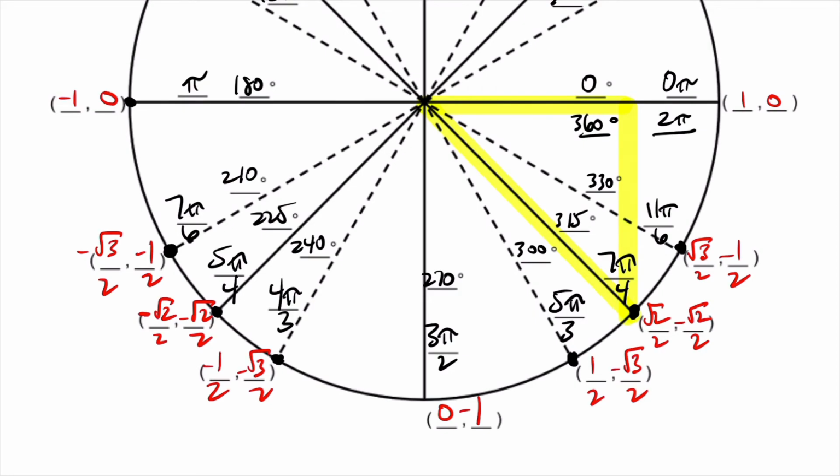We know one of them is 90. What are the other 2 degrees besides 90? What is in the top by the origin and the bottom? 45. There are 45. Yeah, it's a 45, 45, 90. How do I know that?